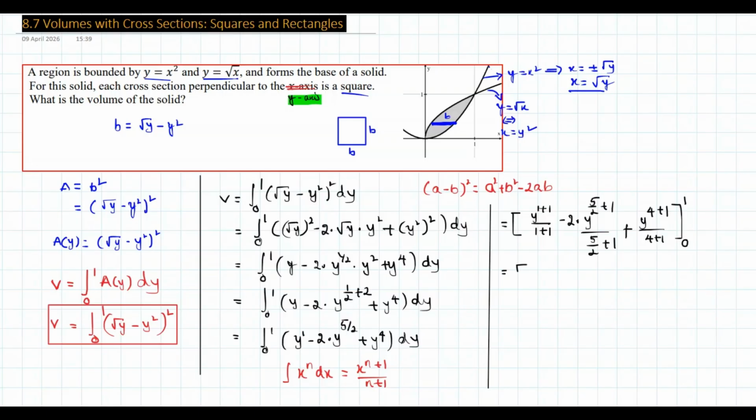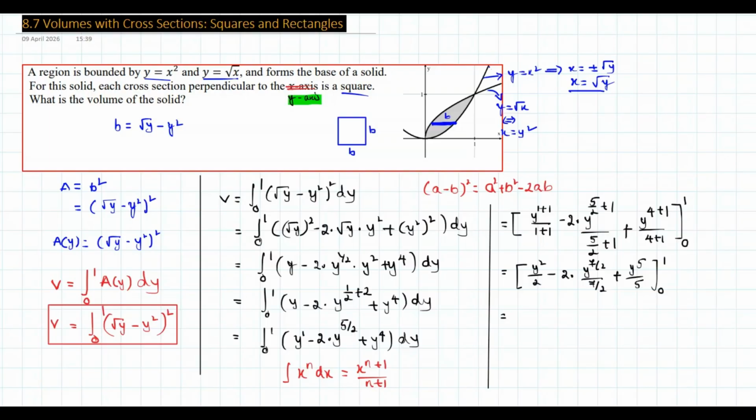This equals y squared over 2 minus 2 times y to the power 5/2 plus 1, that is 7/2, so y to the power 7/2 over 7/2, plus y to the power 5 over 5, from 0 to 1, right.